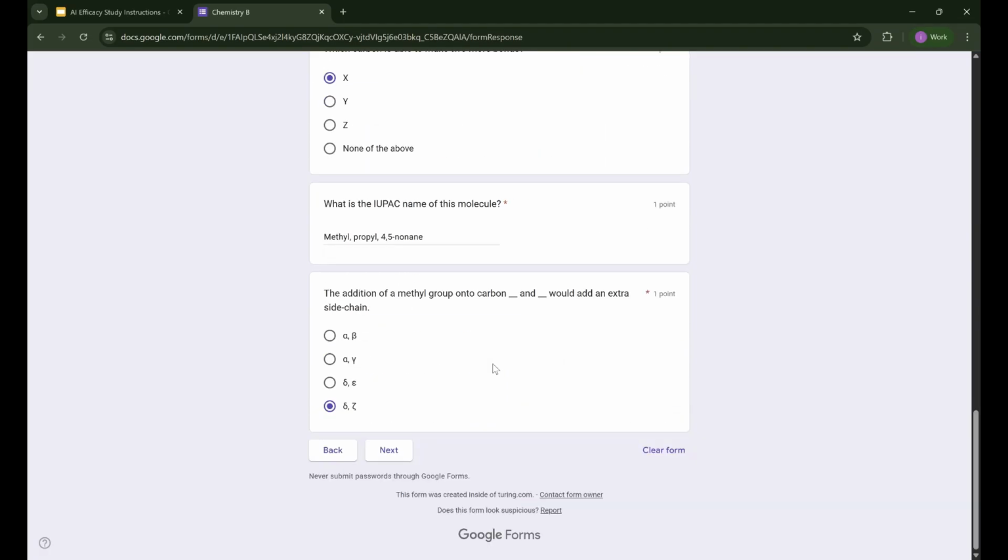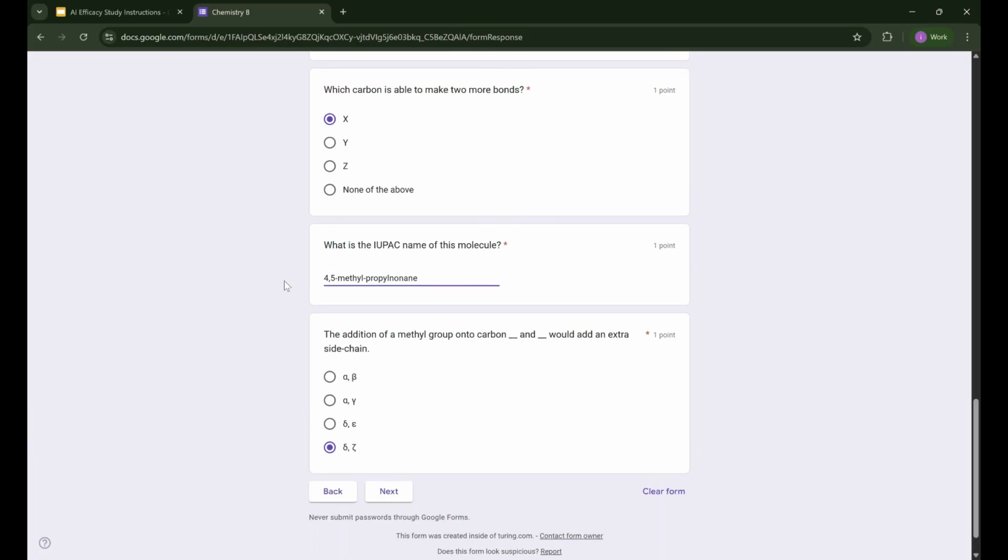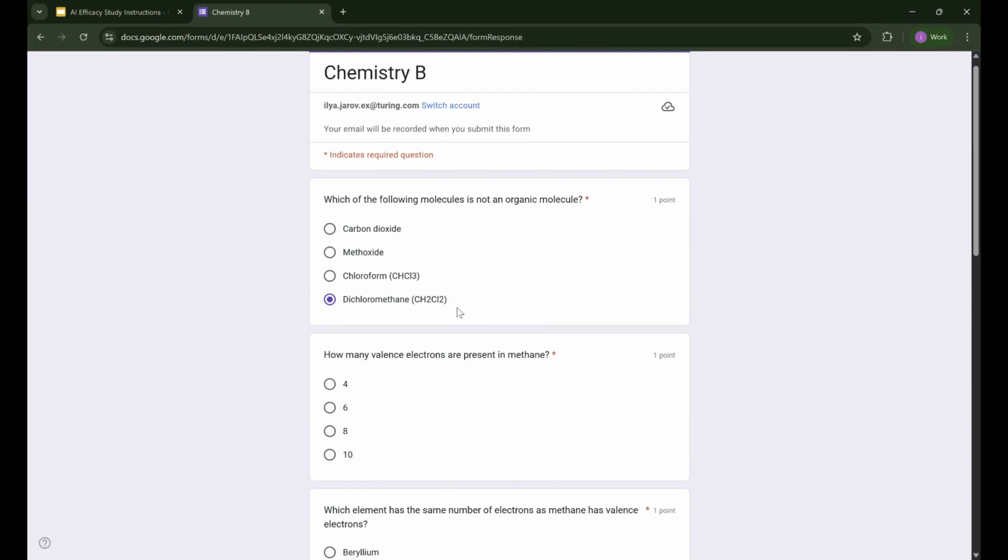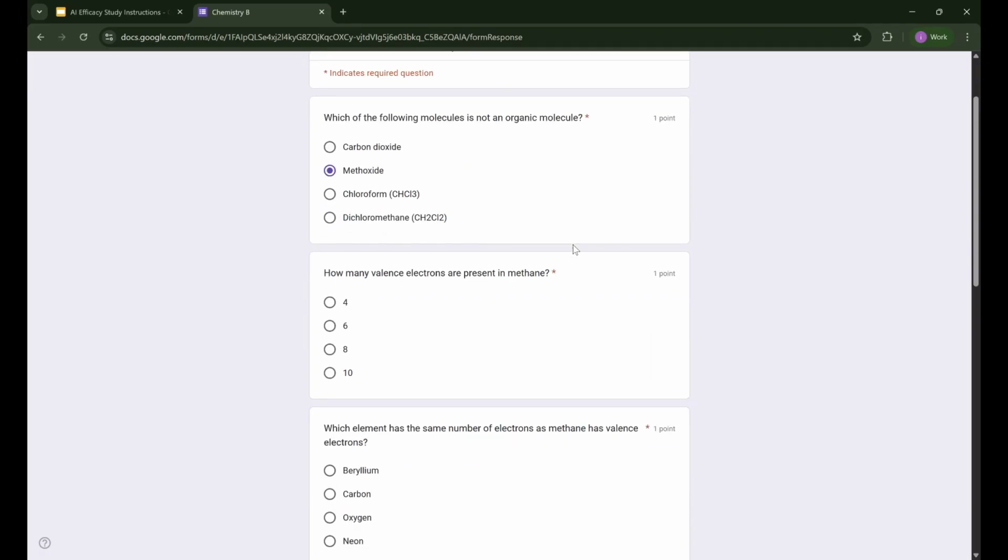Oh, so maybe it's like 4,5 methyl propyl nonane, something like that. We'll come back to it. Yeah, so this is the only one that strikes me that doesn't have a carbon, so I'll roll with that.